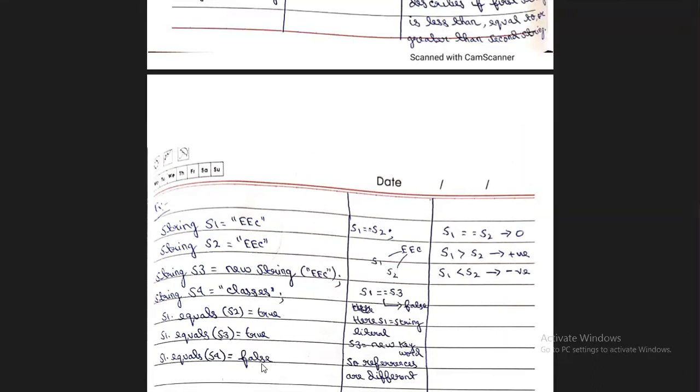It doesn't consider whether it was created using a string literal or the new keyword. Based on the original content of the string, it will show the value true or false, a Boolean status.